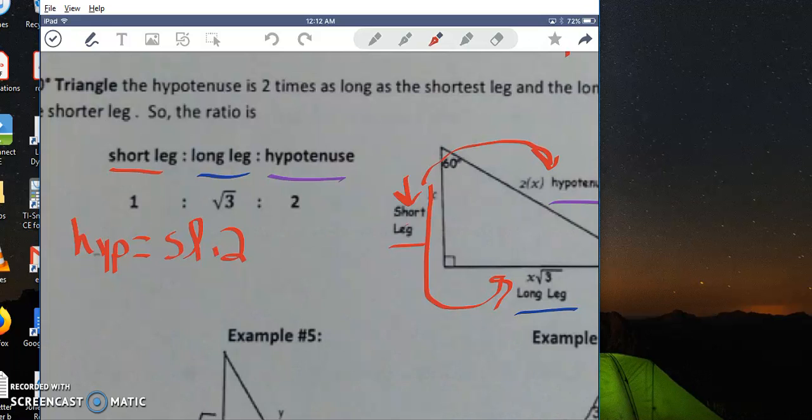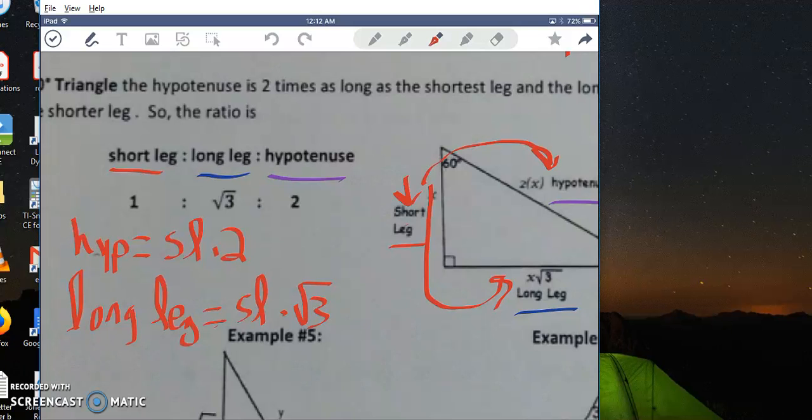Okay, now if we want to find the long leg, that equals the short leg times radical 3. Okay, so now from there we can try to figure out how to find the short leg.